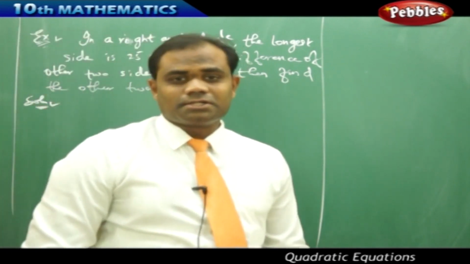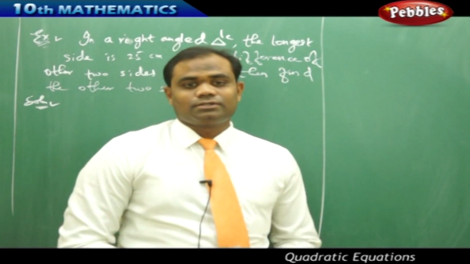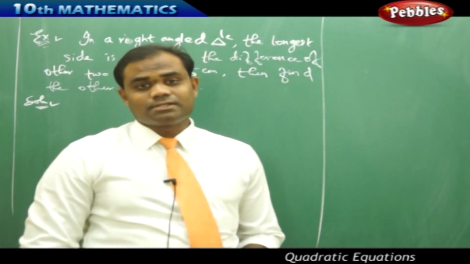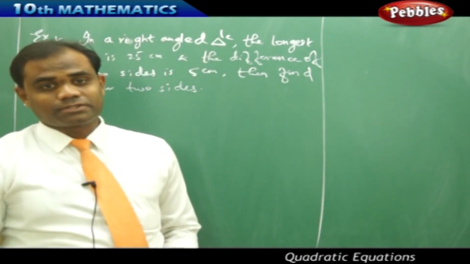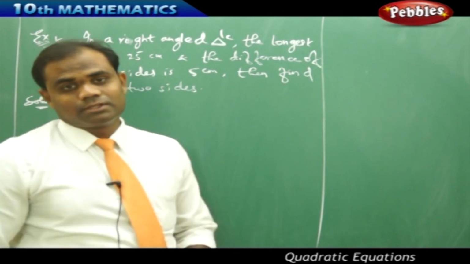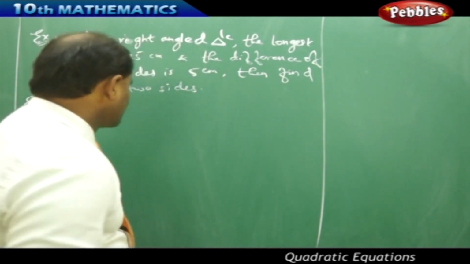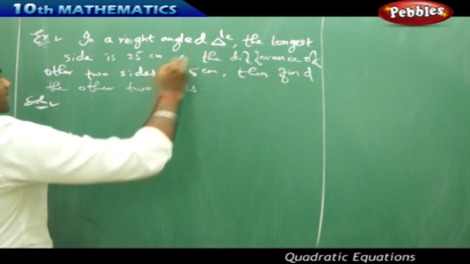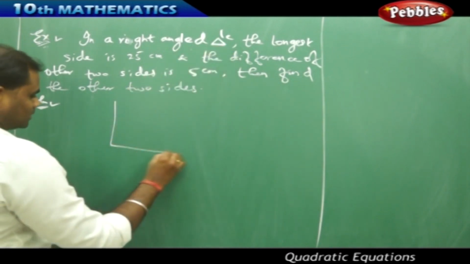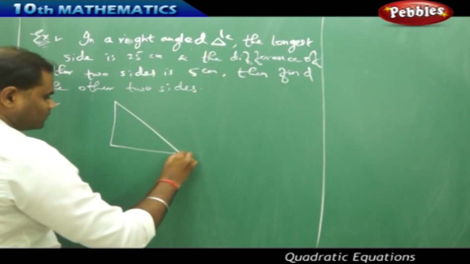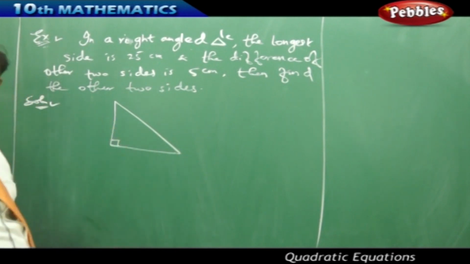So this question is related to a right angled triangle. Let's draw a right angled triangle and see how quadratic equations can be utilized for this situational problem. As the triangle here is right angled, I take one of the angles as 90 and draw the right angled triangle. It is given that the longest side is 25.